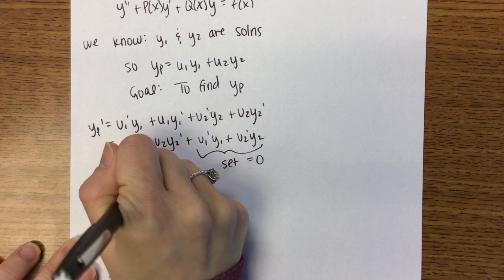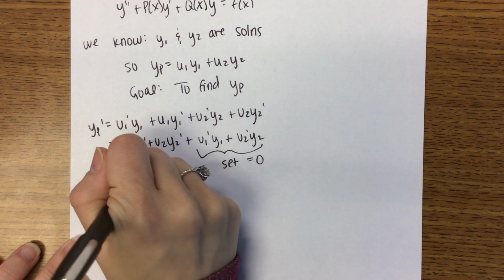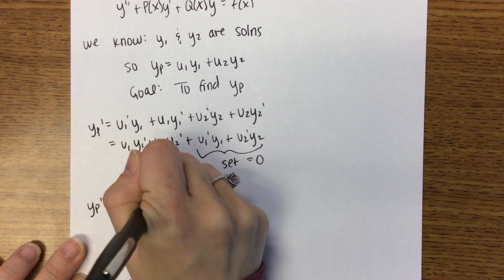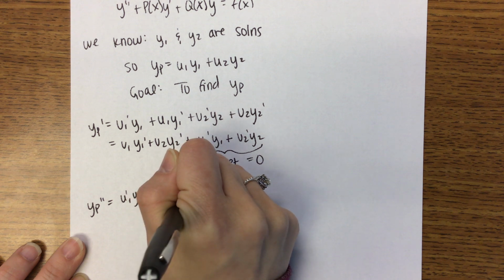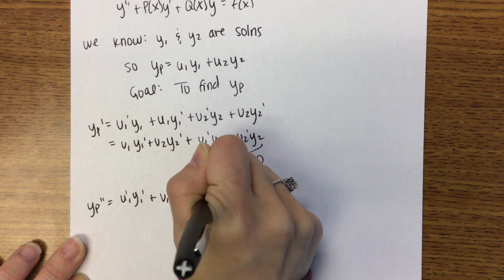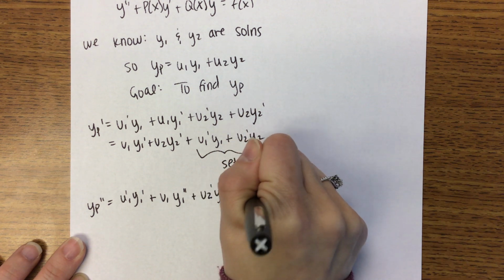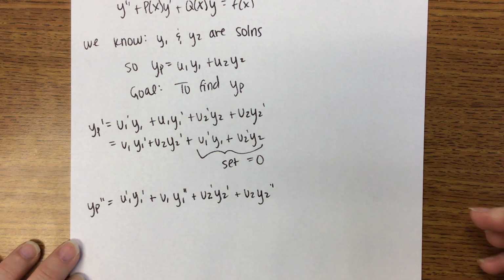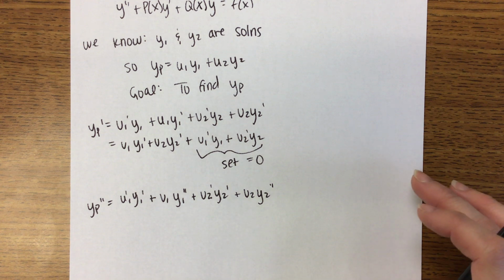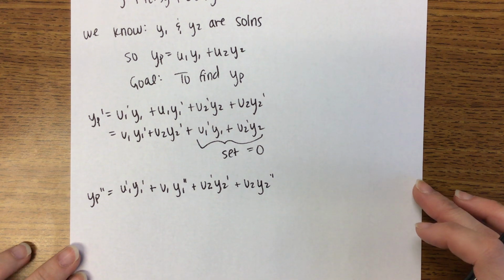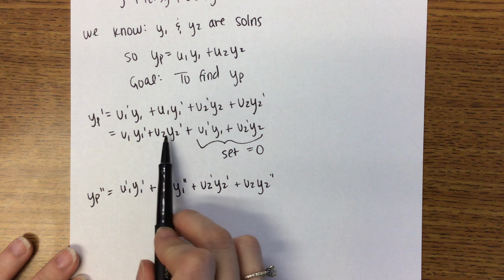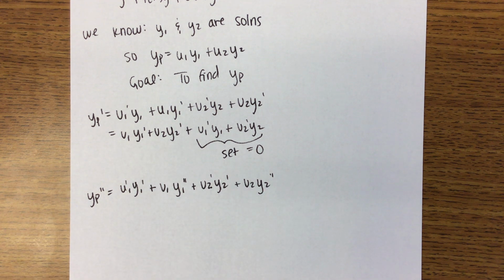So we have u1 prime y1 prime plus u1 y1 double prime plus u2 prime y2 prime plus u2 y2 double prime. All I did was take the derivative of those first two terms.